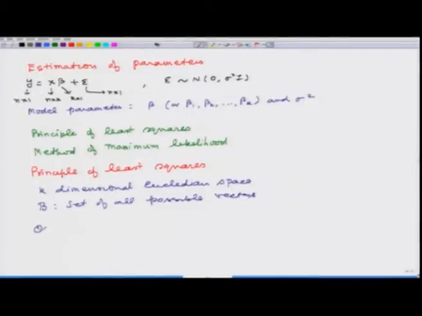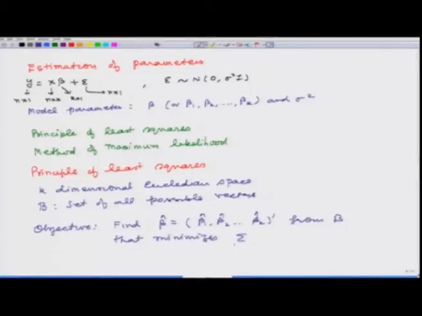So, now I can define my objective. My objective is to find beta hat, which is actually the vector beta 1 hat, beta 2 hat, up to beta k hat, from B that minimizes summation i goes from 1 to n epsilon i square, right.